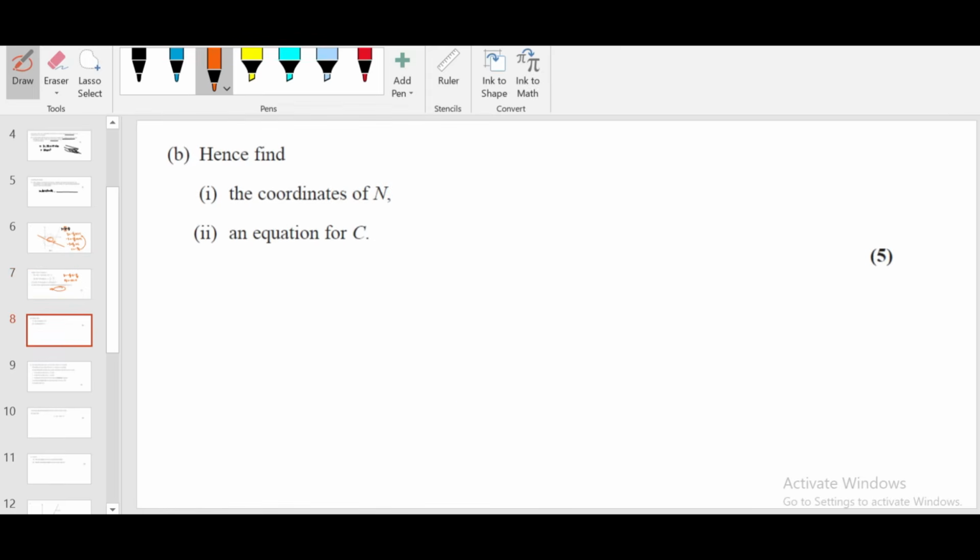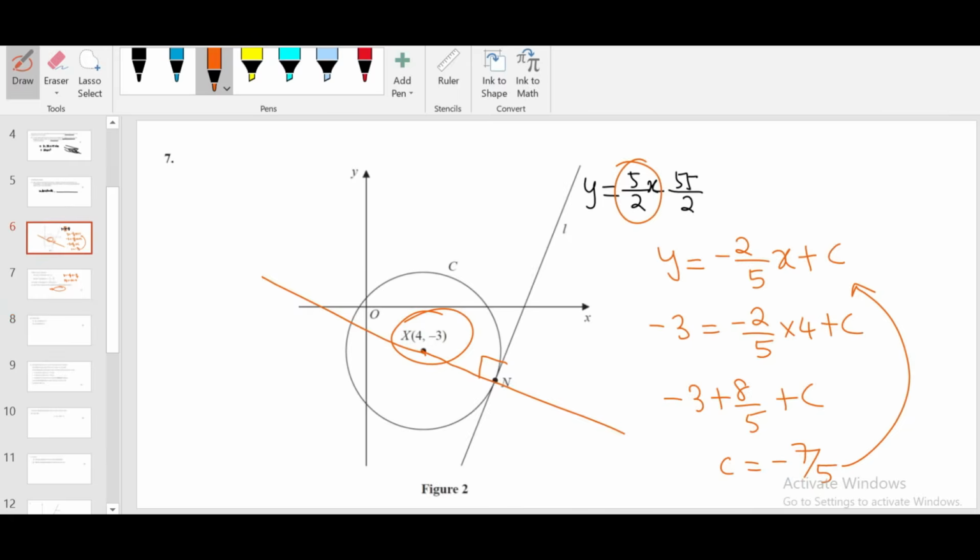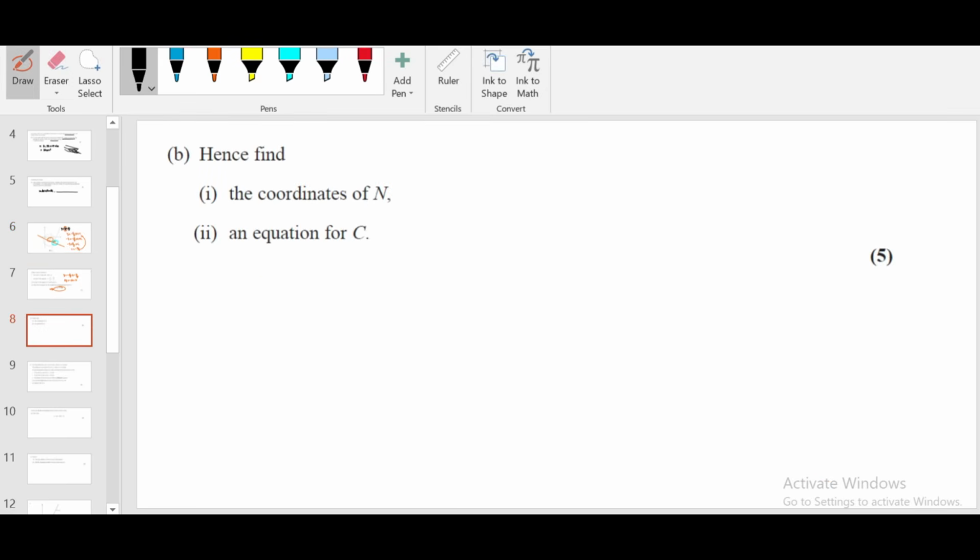Hence find the coordinates of N. The coordinates of N is basically the point of intersection of these two lines. So you have the equation of the two lines, you find the point of intersection, you will get N. So take the first equation, y is equal to 5/2x minus 55/2.